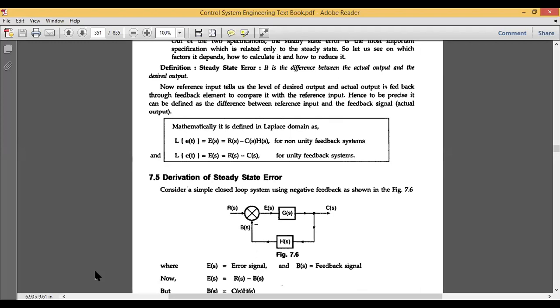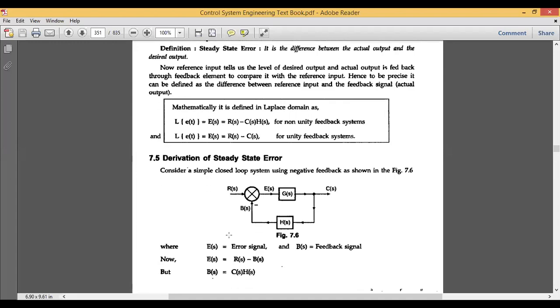Consider figure 7.6, which is a closed loop system with negative feedback. This block diagram has an input R of S, an output C of S, an error signal E of S, and a feedback signal B of S. Let us see how we find the equations.